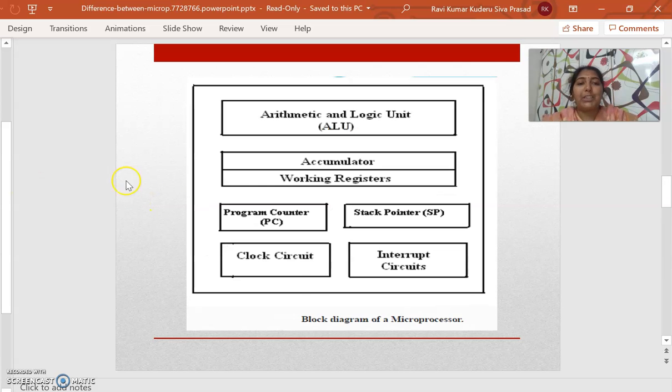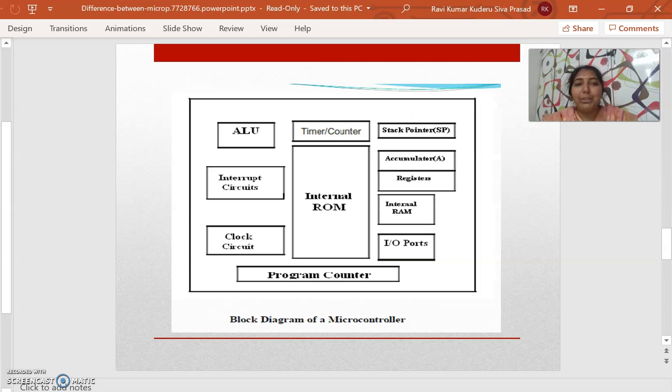If you observe the microprocessor, we know that it is a CPU which contains an ALU, some set of registers, a clock circuit and an interrupt circuit. Coming to the microcontroller, it contains all the components which are there in the CPU. Along with those components, it also contains internal read-only memory, internal random access memory, some IO ports, and timers and counters.